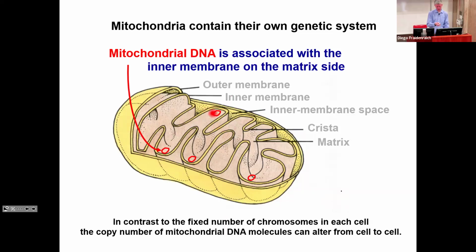When we talk about chromosomes, there would be a fixed number of chromosomes in the nucleus. In contrast, with mitochondrial DNA there could be a variation. Some cells may have a few copies of mitochondrial DNA, other cells may have lots of copies.